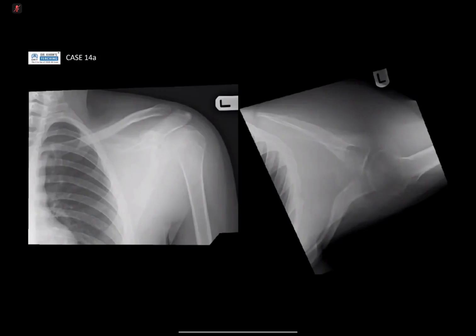Okay. In the axillary projection, I can see a lytic lesion in the distal end of clavicle and the humeral head, and also in the spine of scapula.